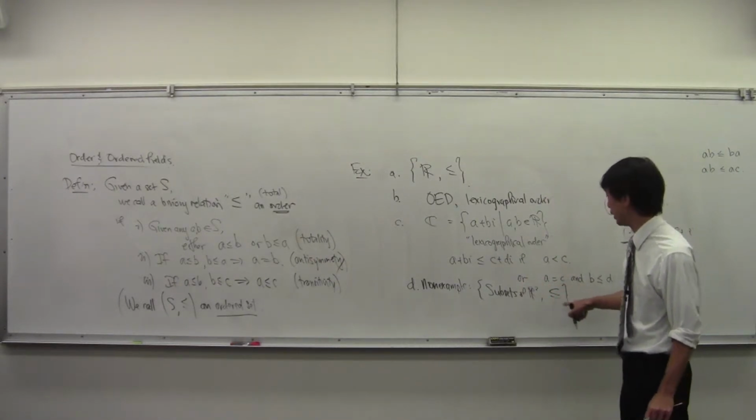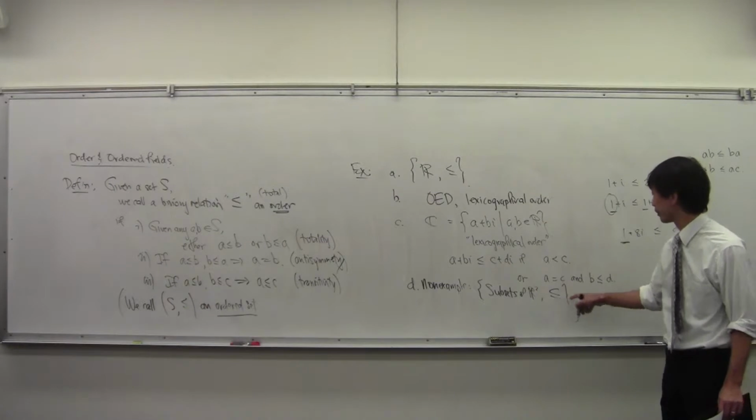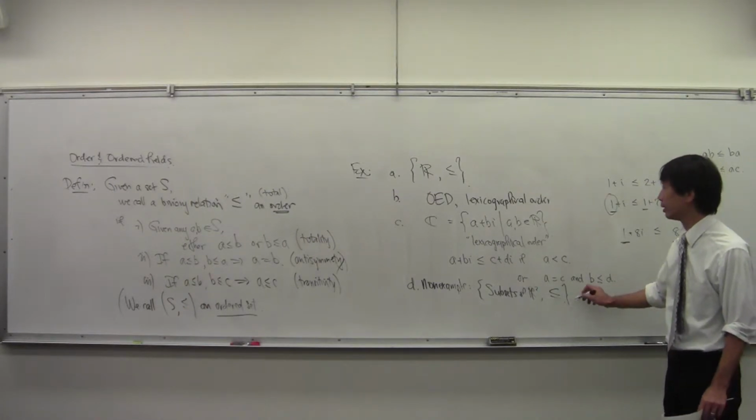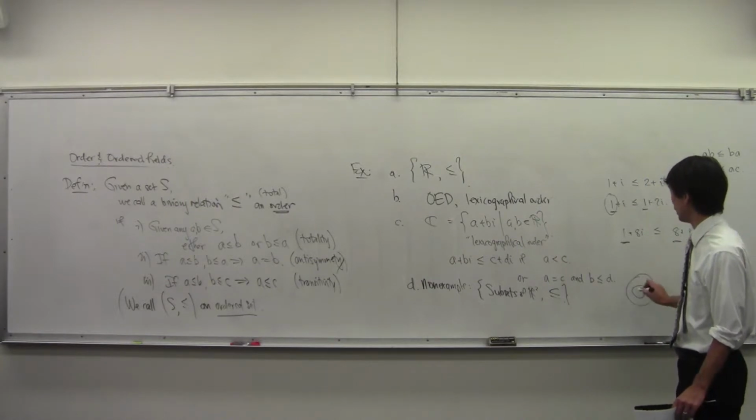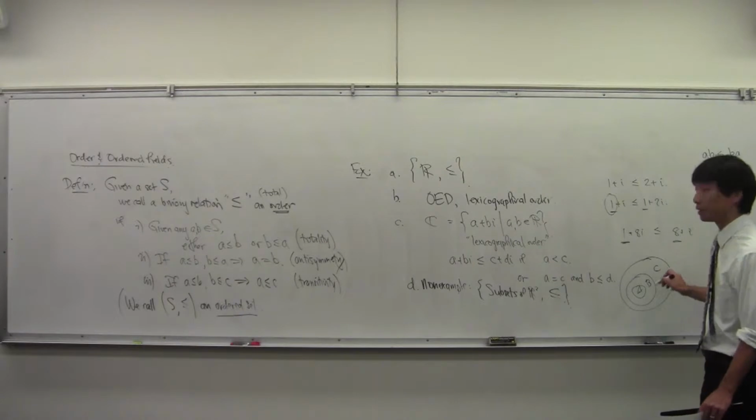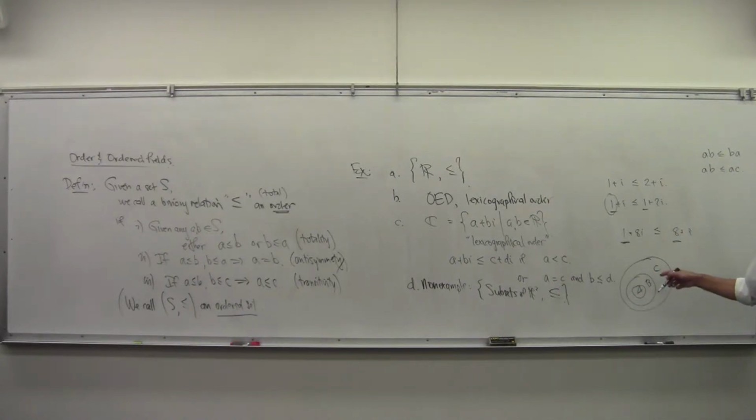Okay, this set with set inclusion as its order satisfies some things, right? If I have one set that's included in another, A is contained in B, and B is contained in C, then certainly A is contained in C, right? So transitivity is fine. Anti-symmetry is also fine, right? If A is contained in B and B is contained in A, then A and B have to be the same set.